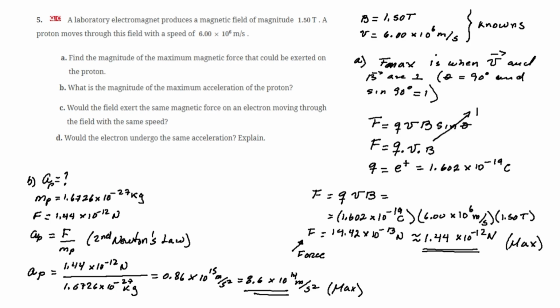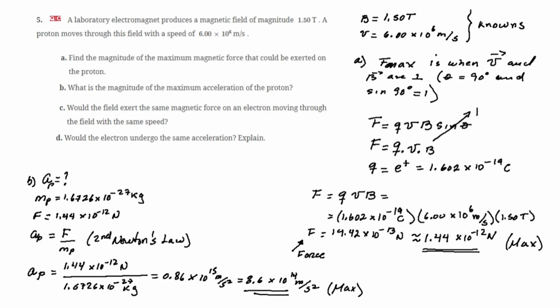But what is going to change in the case of the magnetic force is the direction. The direction of the magnetic force on the electron is opposite to the direction of the force on the proton.